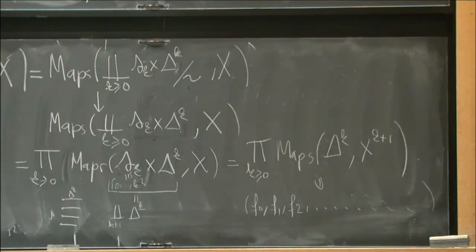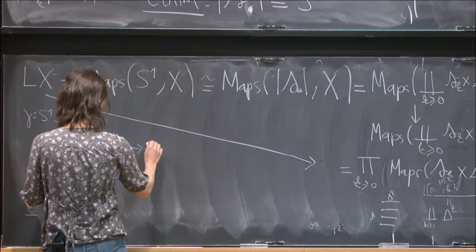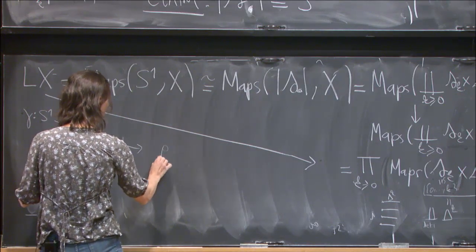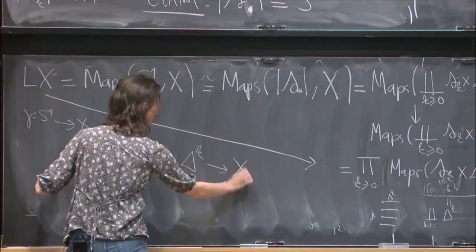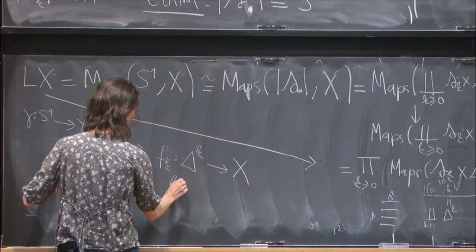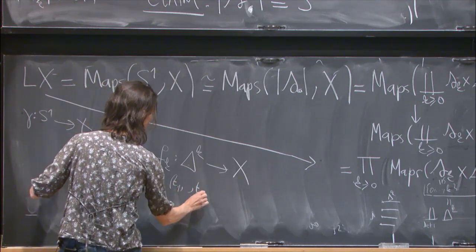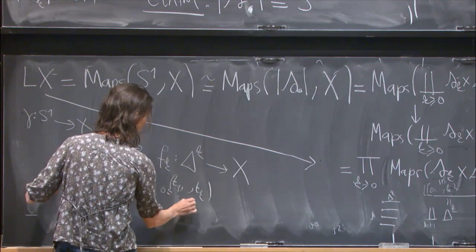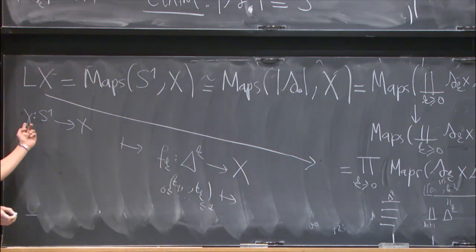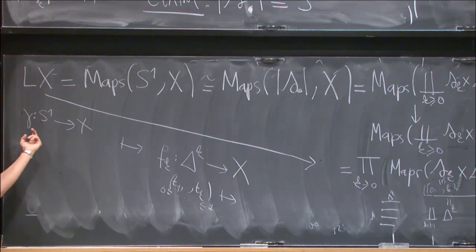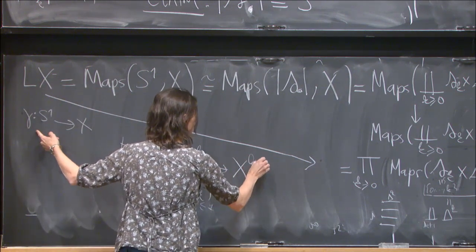So for every k, I have to give you Fk, a map from delta k to X. And what does it do? It takes t1, ..., tk, which are between 0 and 1. There's only one reasonable thing to do, which is to evaluate. Thanks, yes, X to the k plus 1, exactly.